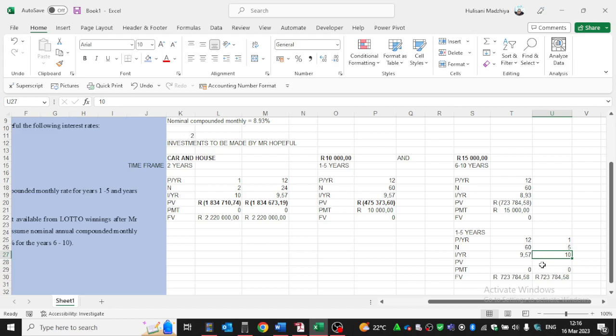Remember, I said this method only applies where there are no withdrawals or deposits in between the years.